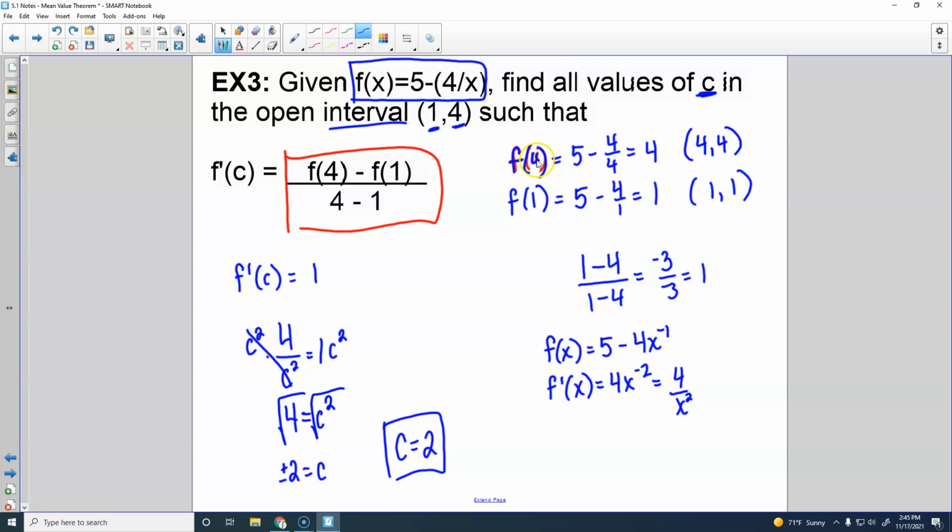So the x I plugged in was 4, and the number I got out was 4. So that was the point 4, 4. And then when I plugged in 1, I got 1. So that was the point 1, 1 here. So those are the points I use to find my average rate of change. Yep, slope formula.